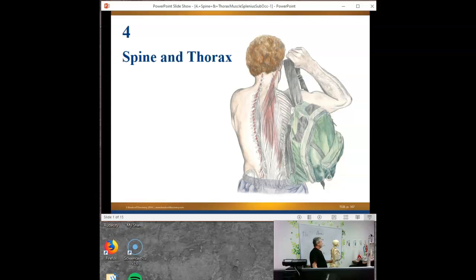Miss Stanley, we learned just now about the splenius capitis. There's also another muscle that sounds a little bit like it, but it goes from the spinous processes into the transverse processes of the cervical region.